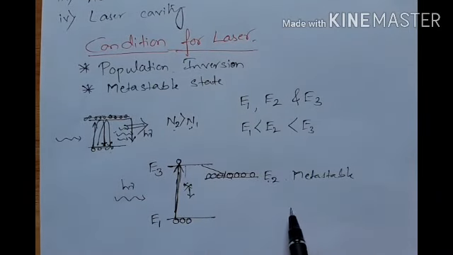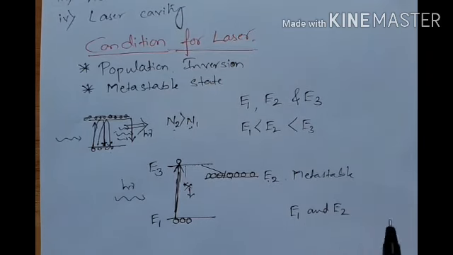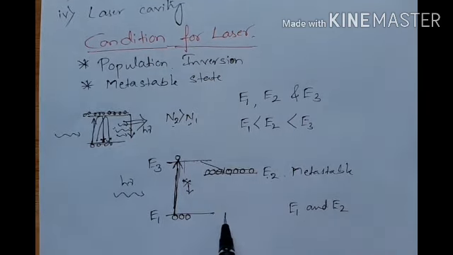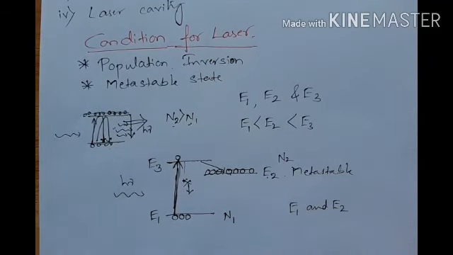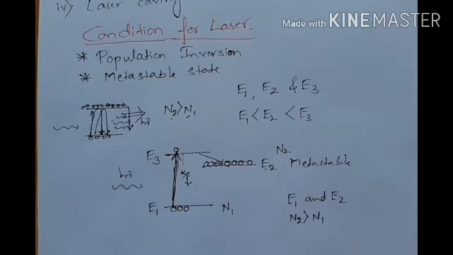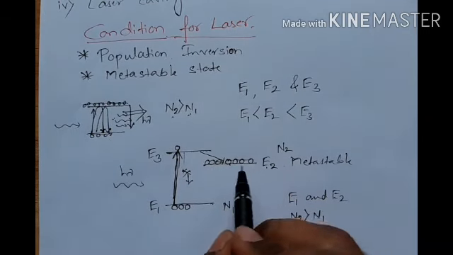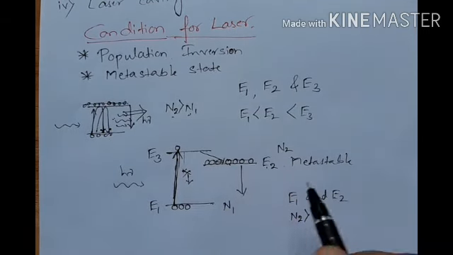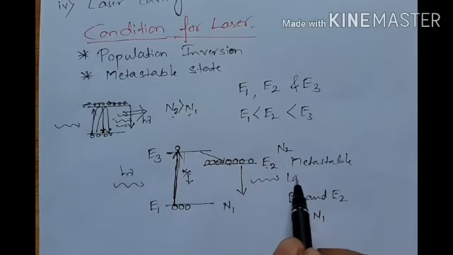If there are n1 atoms here and n2 atoms here, then we will easily achieve n2 greater than n1. Population inversion is achieved, and millions of atoms come back to the ground state by emitting the laser.